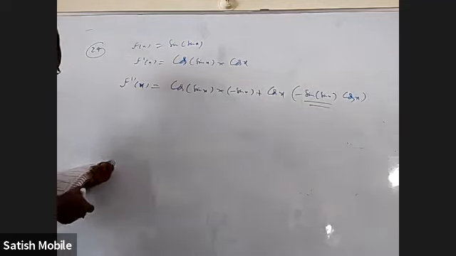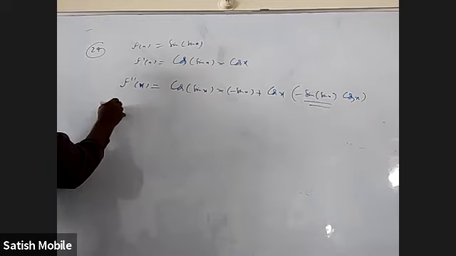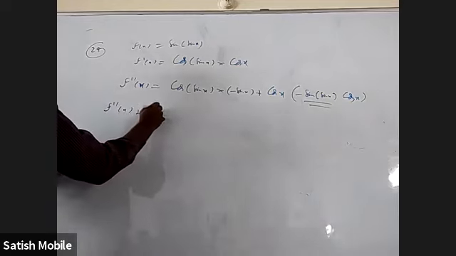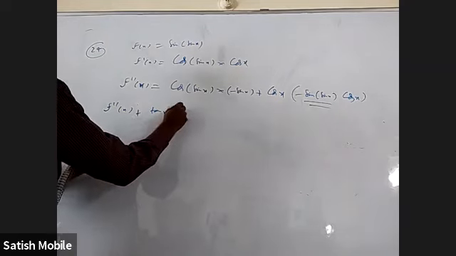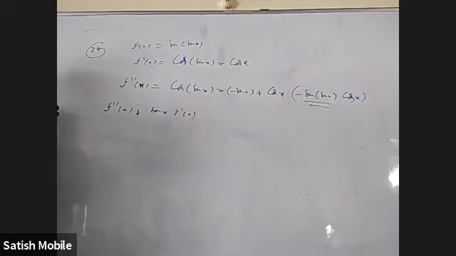But they don't want f of x in the answer. Maybe in the final g of x it will come. Let us simply substitute f double dash x plus tan x into f dash x. That's what they want. That is minus g of x basically. They want g of x, and what is g of x?